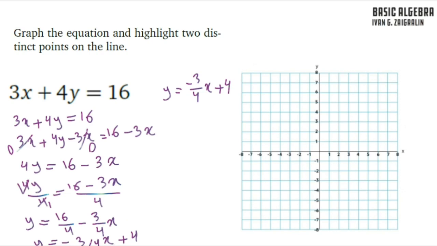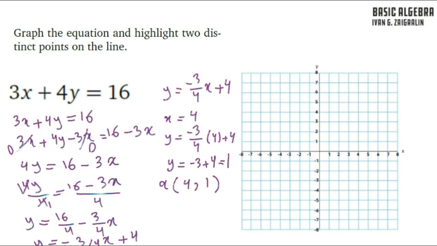And when x equals 4, y equals negative 3 over 4 times 4 plus 4, and y equals negative 3 plus 4 which equals 1, and A is 4 and 1.